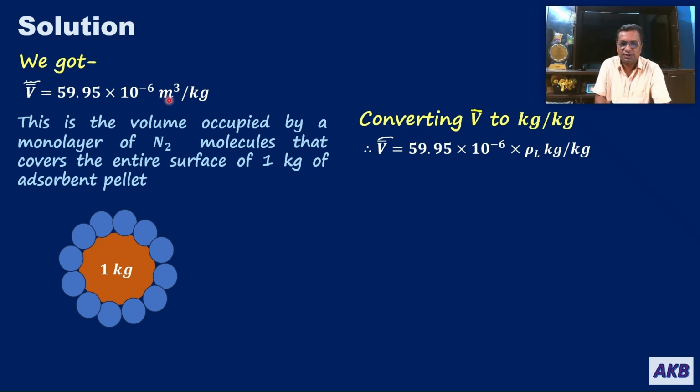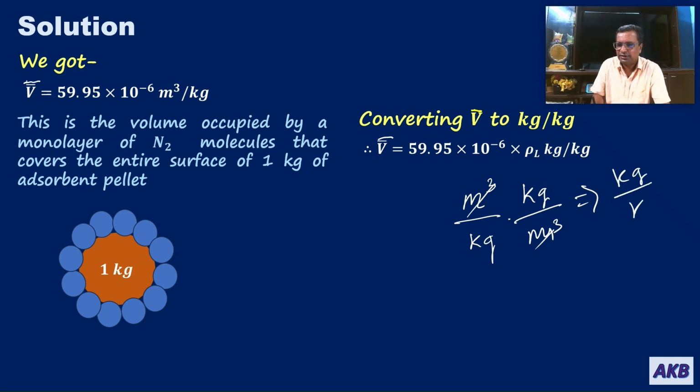So this is meter cube per kg, and if I multiply it with the density which is given to me, meter cube is going to get cancelled, and I'll be getting kg per kg. That is what I need. So that's why I have multiplied it with the density.